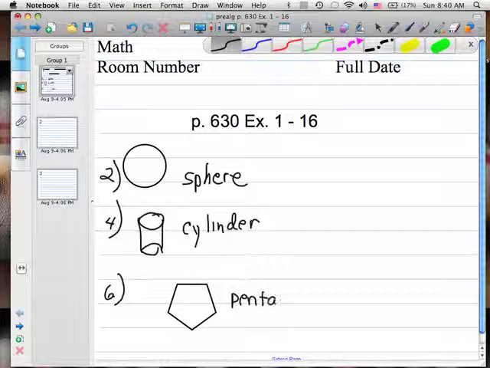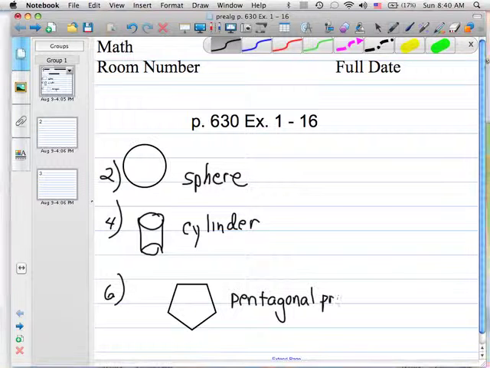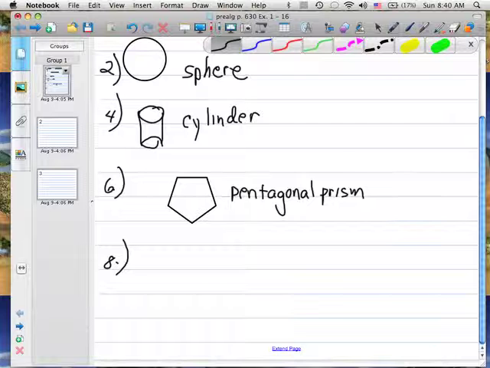Remember, we name prisms by their bases. Pentagon prism. Number 8, this is another prism. This time the side is a hexagon.